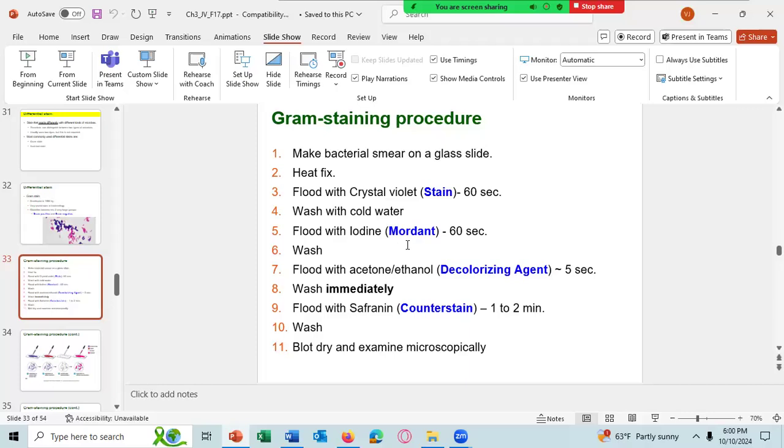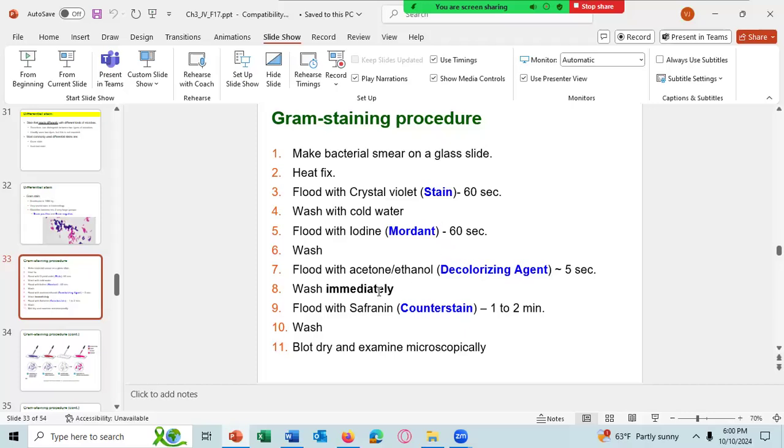Iodine is not a stain, it is a mordant. Wash it off with distilled water, then flood the slide with acetone ethanol. This is the decolorizing agent. You only do it briefly, for about 5 seconds, to remove the crystal violet iodine from the Gram-negative cells, but not from the Gram-positive cells.